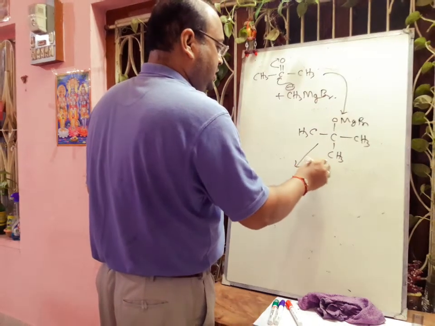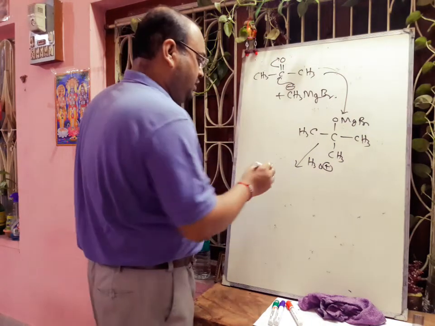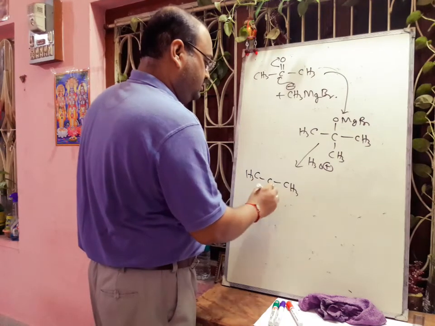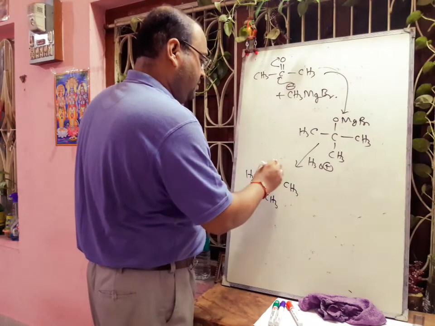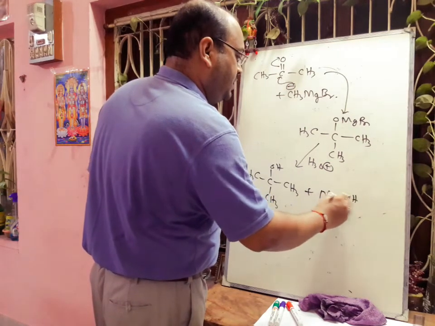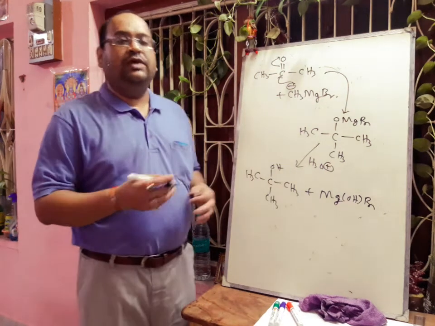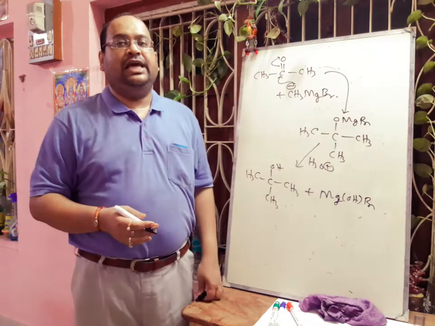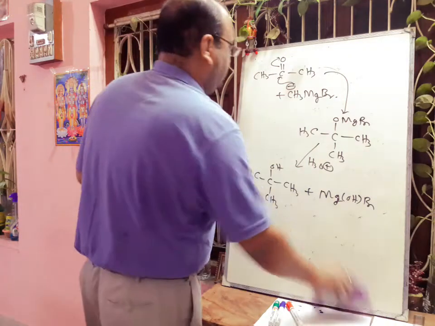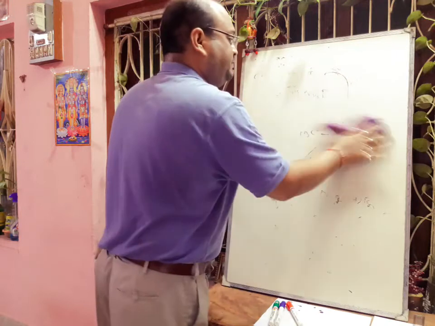If we add acid, and finally after acidic workup, we will get the corresponding tertiary alcohol plus Mg(OH)Br. So from acetone we will get the corresponding tertiary alcohol. If we take an ester also, we will get tertiary alcohol. We are taking one ester molecule.